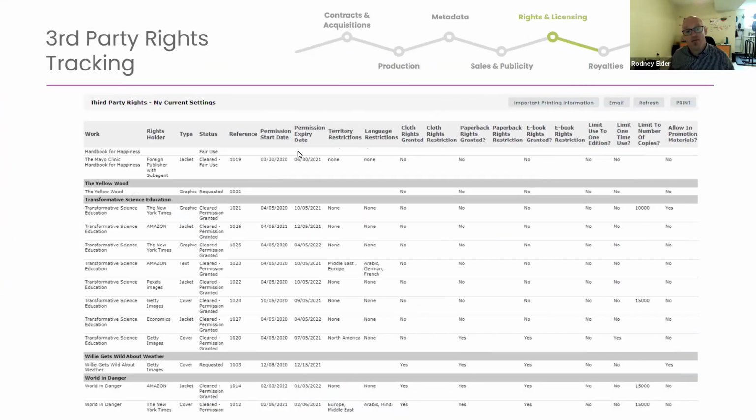Now, in the process of selling rights, they also need to track third-party rights. So in each particular book, each asset that's within that book, perhaps it's a jacket image, perhaps it's a graphic, perhaps it's a piece of content. Are there any limitations on those assets that would stop a subright deal? So perhaps there's a restriction on this one. It's got Europe and the Middle East.